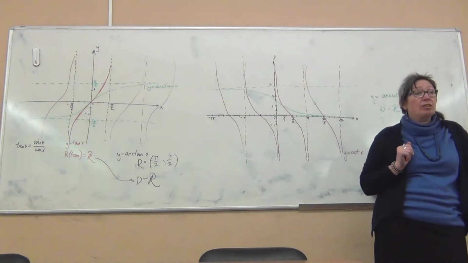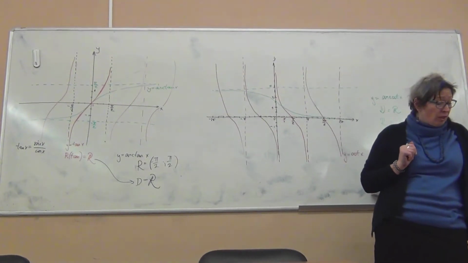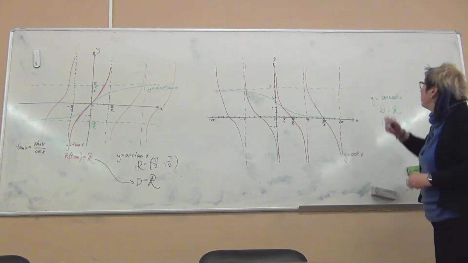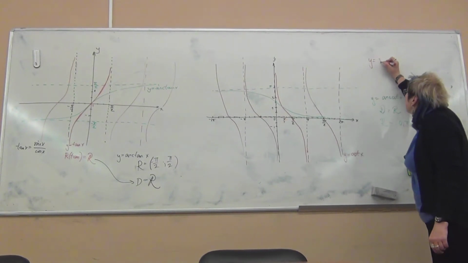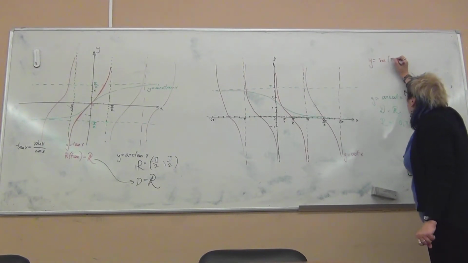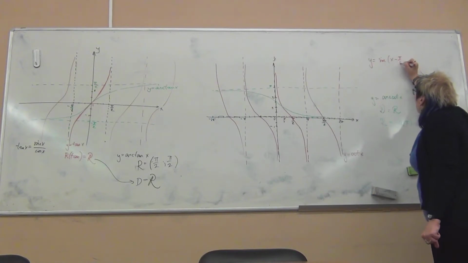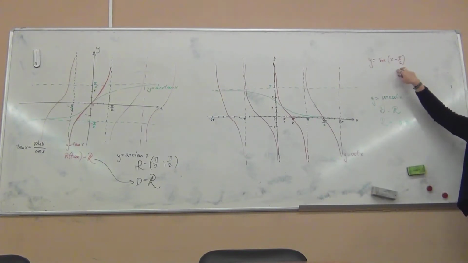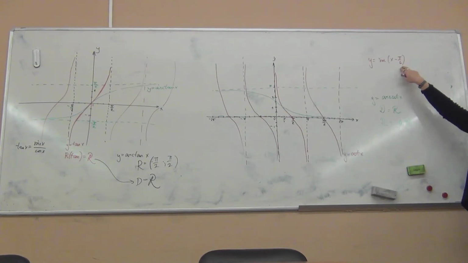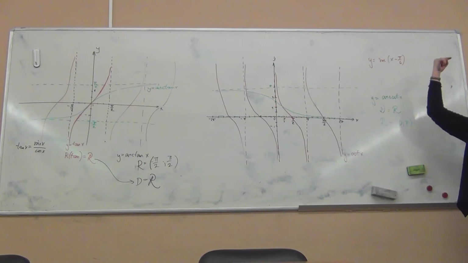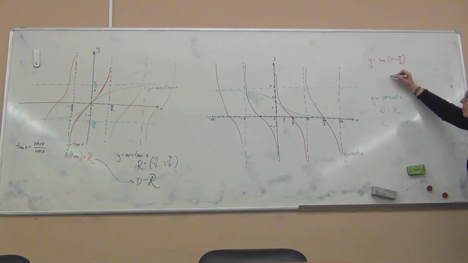If you see, for example, y is the sine of x minus pi over 6, this would mean that you take the sine function and move it pi over 6 right, in the positive direction, because the basic rule is f of x minus a means horizontal shift by a units. So notice the opposite signs.